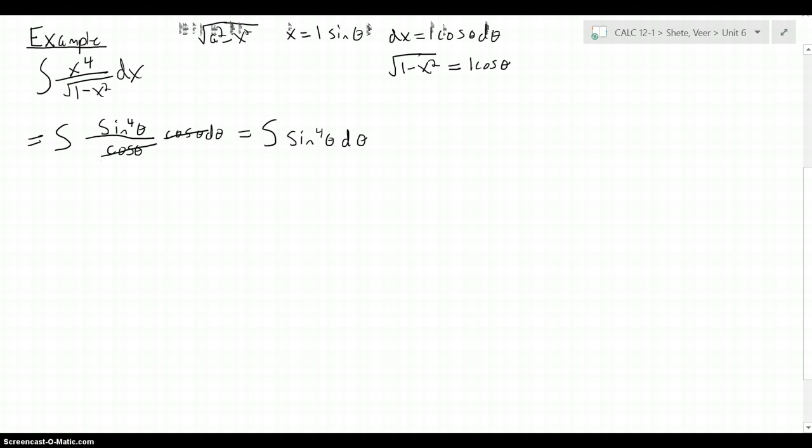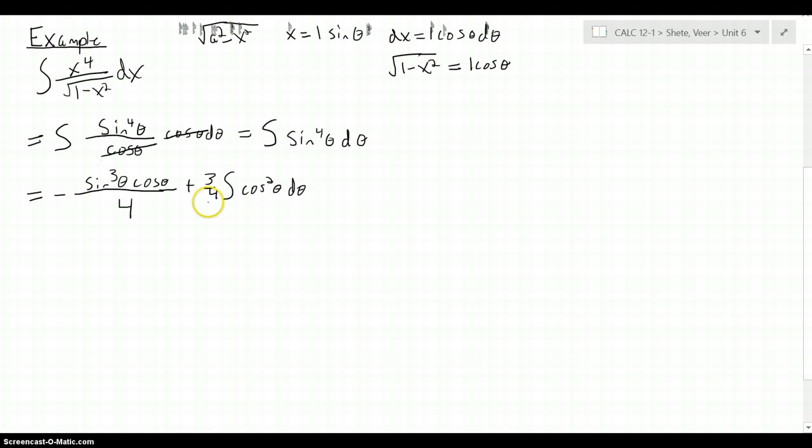Nonetheless, if we plug it into the formula, by using our formula for sine to the n theta, we'll discover that the integral for sine to the 4 theta is negative sine cubed theta cos theta over 4 plus 3/4 times the integral of cos squared theta d theta.